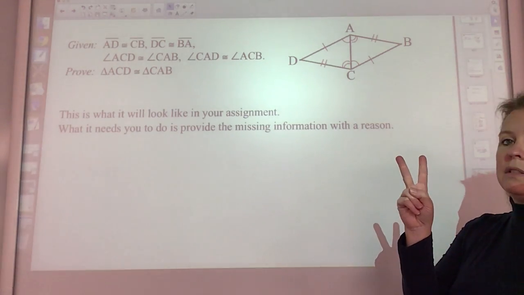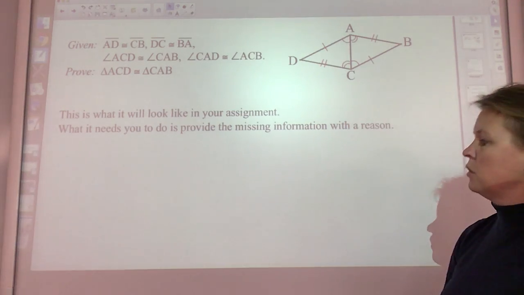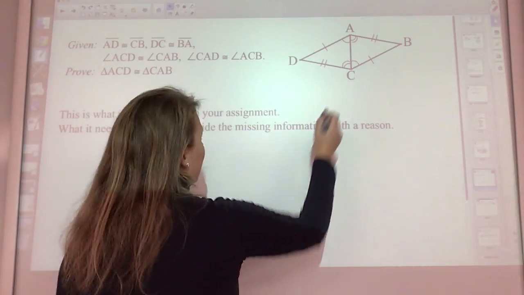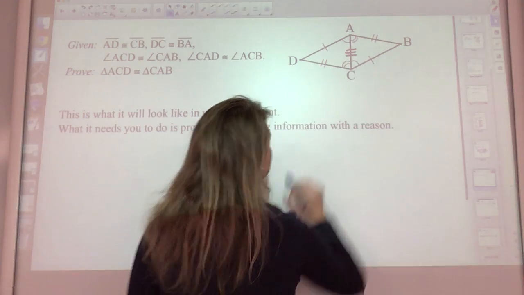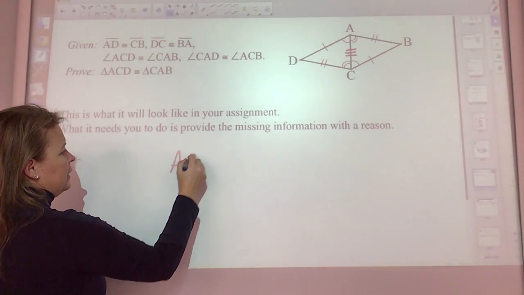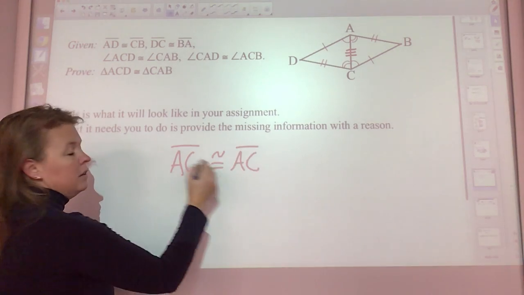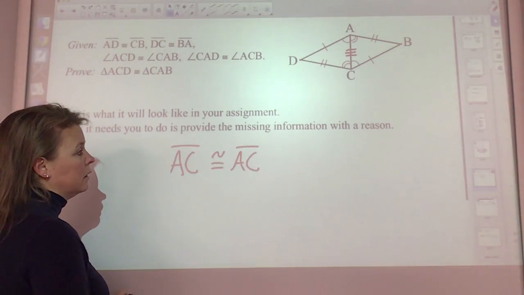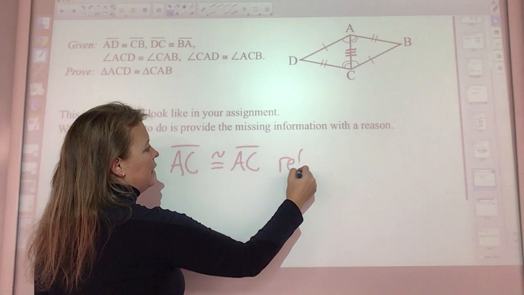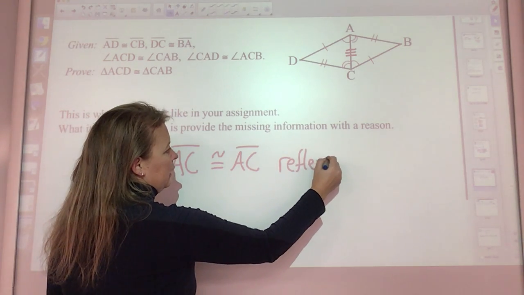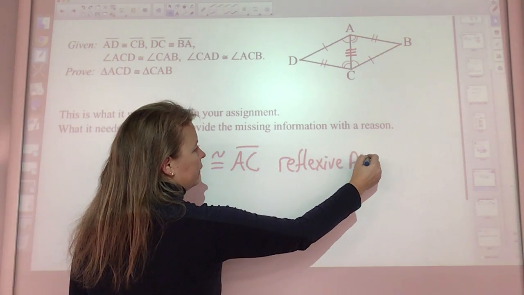We're missing 2 pieces of information. We have 2 sides, we have 2 angles. The missing side, right smack dab in the middle, segment AC is congruent to segment AC. Don't forget to put your segment marks because of the reflexive property.